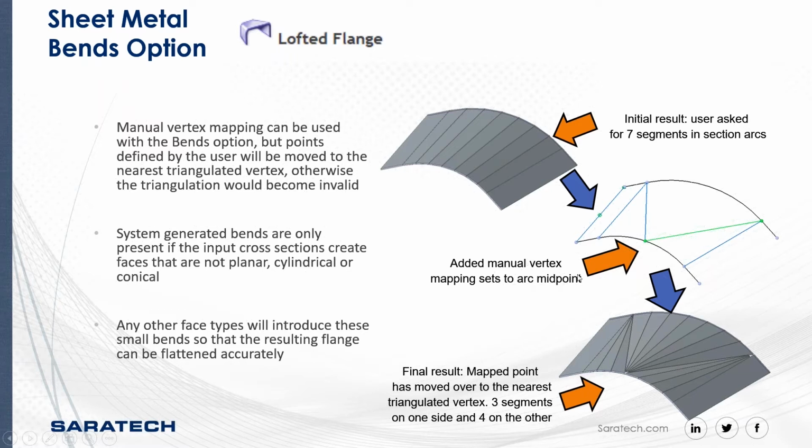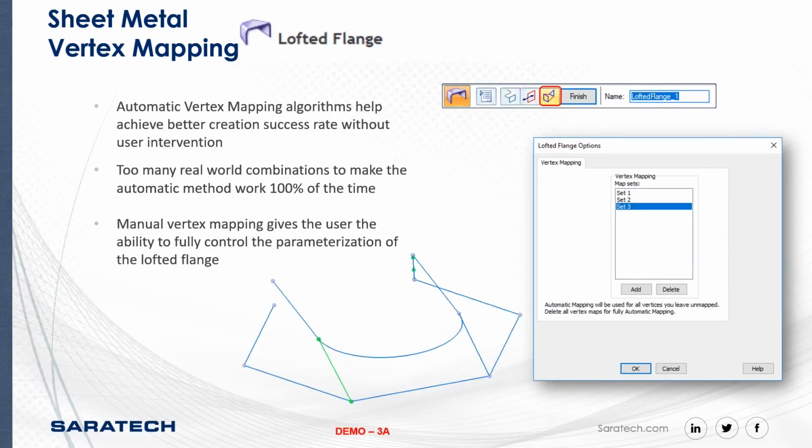What we did is add that manual vertex right in the middle and that gave us our end result over here. The system-generated bends are only present if the input cross sections create faces that are non-planar, cylindrical, or conical.